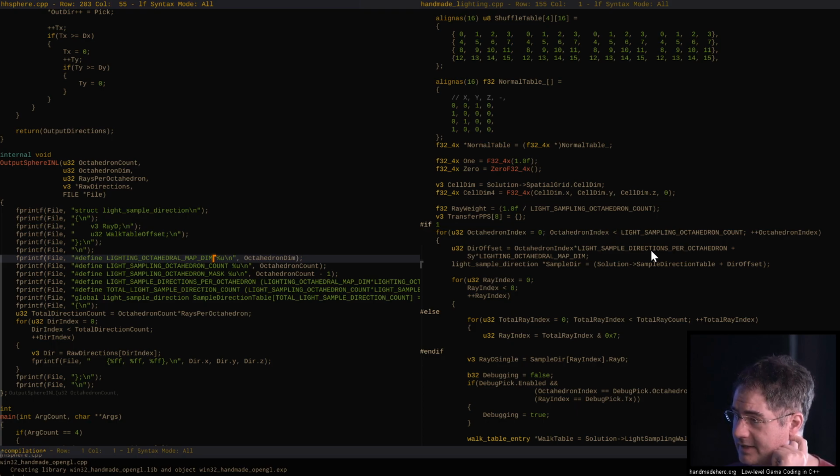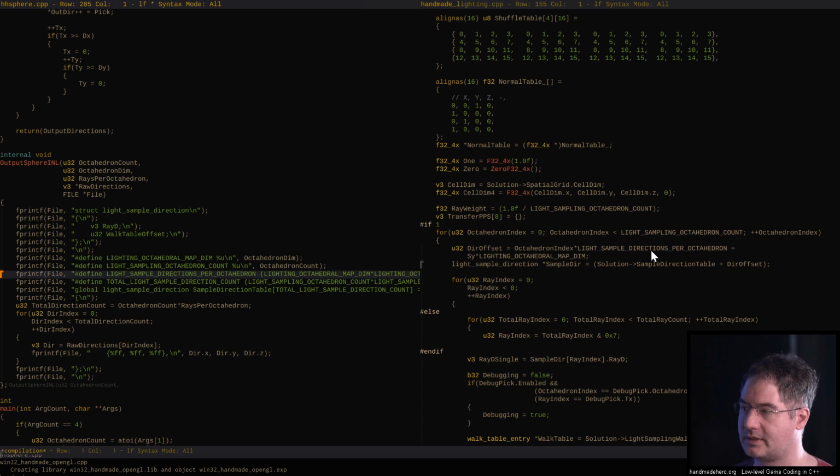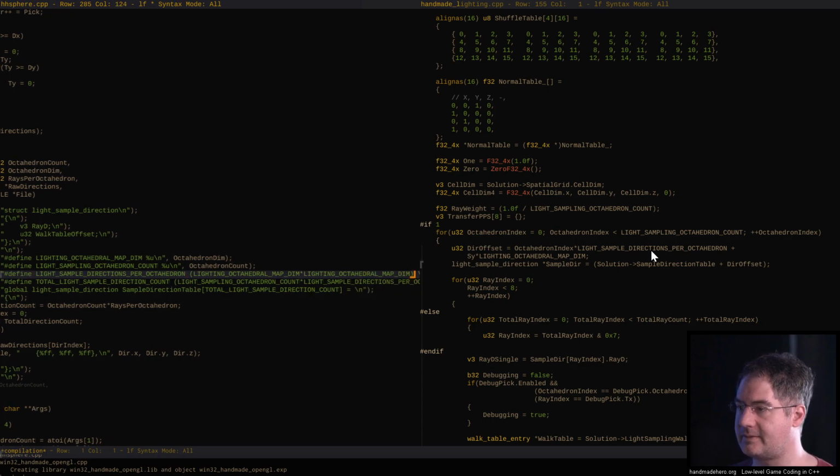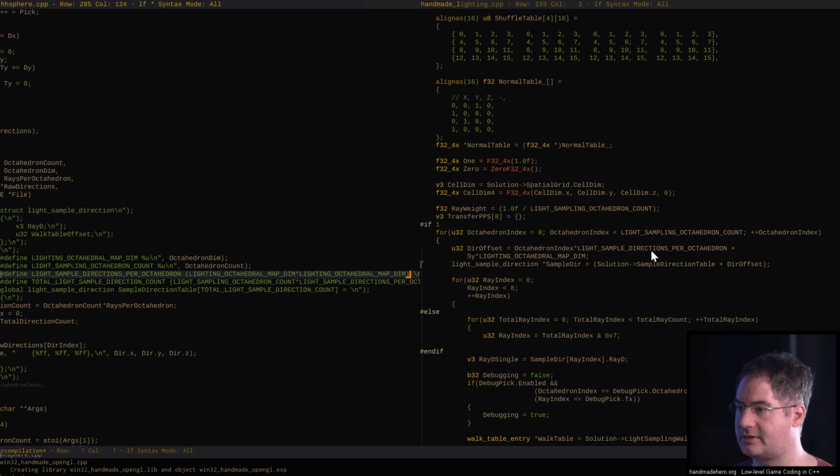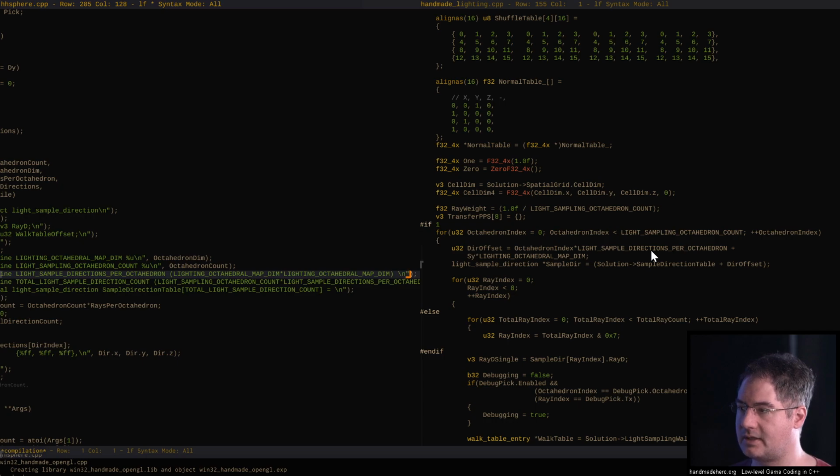The light sampling octahedron mask is not going to be a thing anymore because we don't step through them unpredictably. So that would go away. The light sample directions per octahedron, I don't think that would actually ever be used.